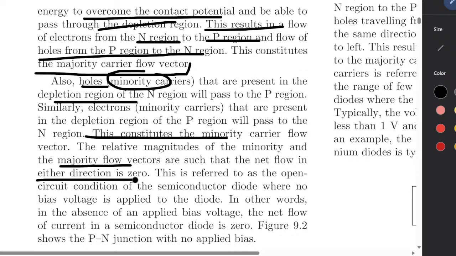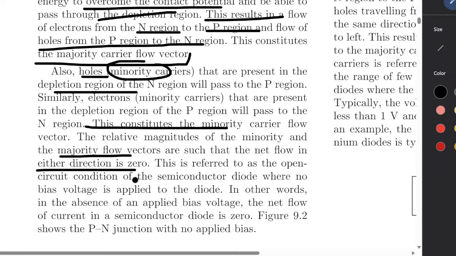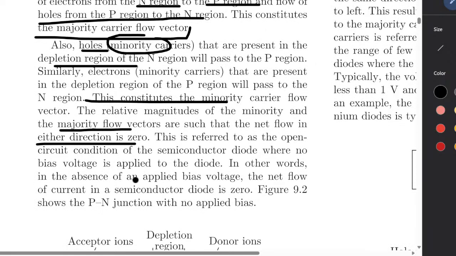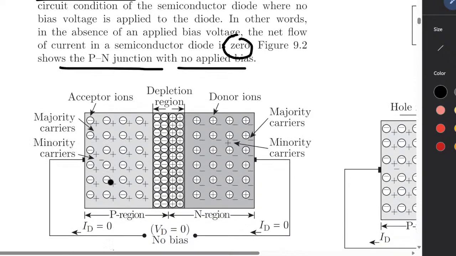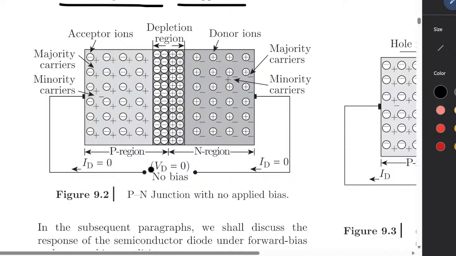In other words, in the absence of applied bias voltage, the net flow of current in the semiconductor diode becomes zero. This shows the PN junction with no applied bias. You can see that with no biasing, the depletion region is created.